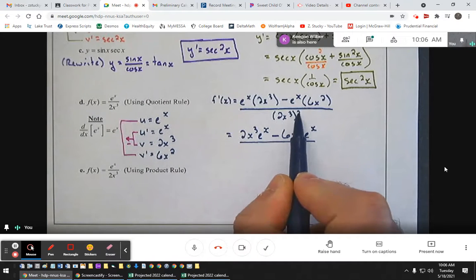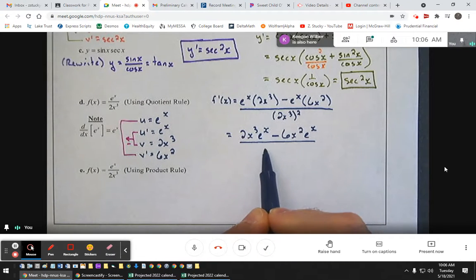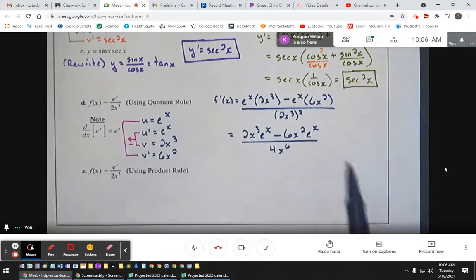Hold on. 2 squared is 4. Exponent is multiply. There we are. Okay, what now? The quantity. Yep, good job. Now, what do you notice everything has here?